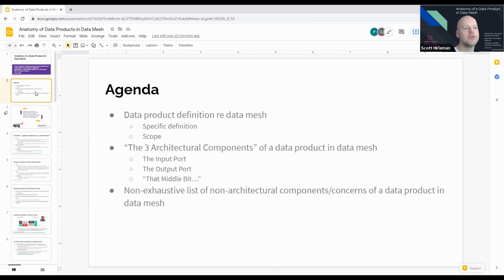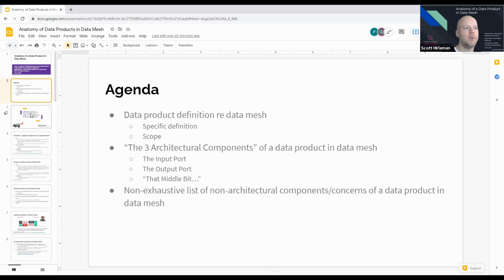We'll talk about how they roll up into a full data product. And then a non-exhaustive list of the non-architectural concerns of a data product. What we don't want to do is overwhelm you or just talk at you. We also want to make this more approachable so that you feel like you can actually build a data product or get started on what you would want to do going forward.